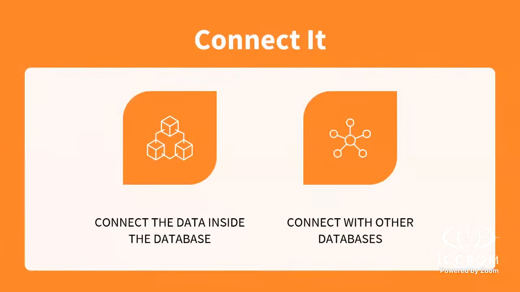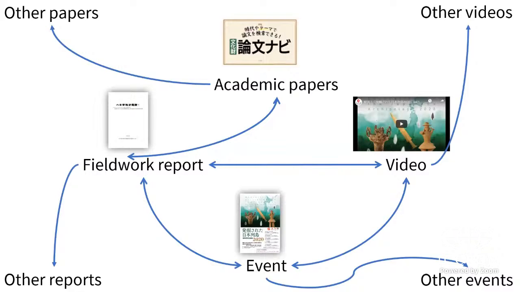Connecting everything contained in your database is a good idea. You can also connect with other databases by sharing your metadata. In SORAN, academic papers contained in fieldwork reports are connected directly to the given report.